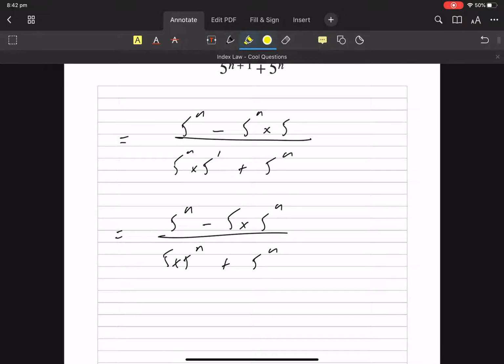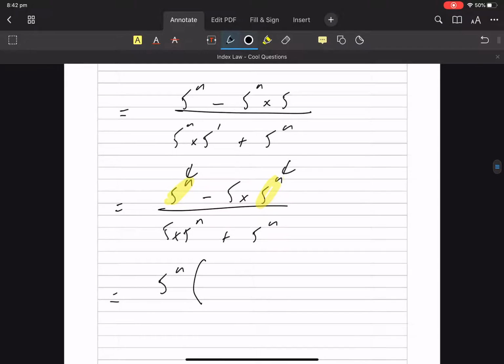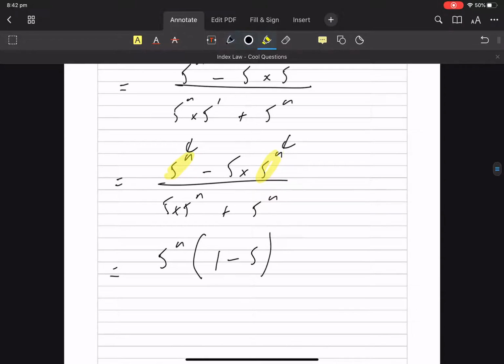There's lots of 5 to the n's and 5's in there. Let me highlight the top. You can see there that I've got something common between those top two terms, and the common thing is 5 to the n. So when I factor that out, I'm left with 1 minus 5.